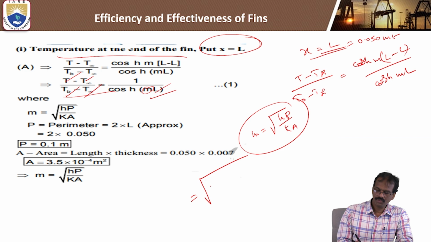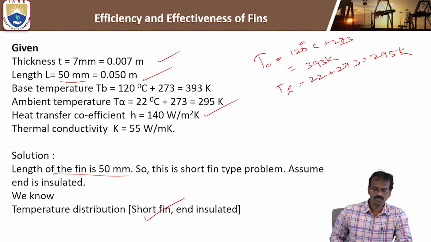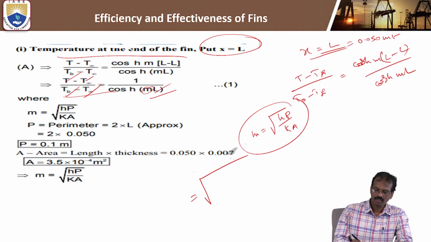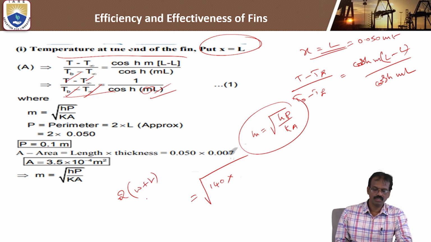So under root of h value also given, that is h is equal to 140. Into perimeter. So perimeter is equal to p, into 2 into width plus length, you can construct width into thickness.